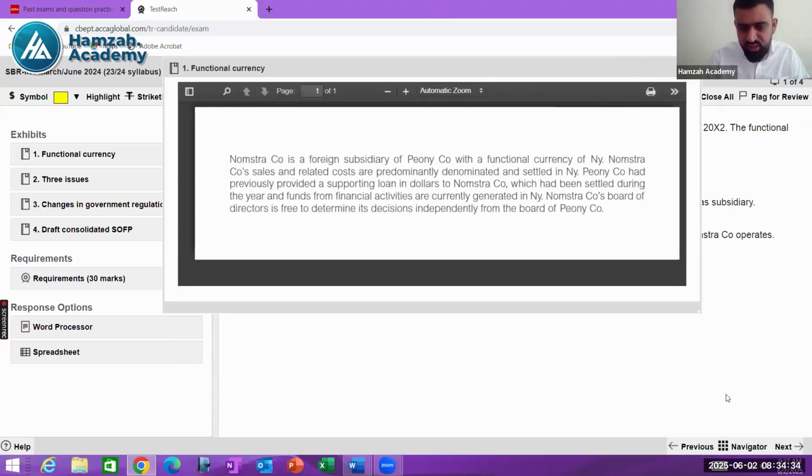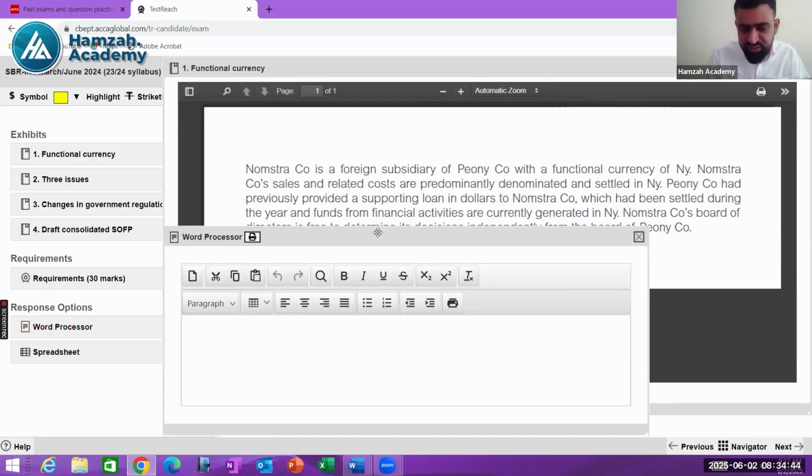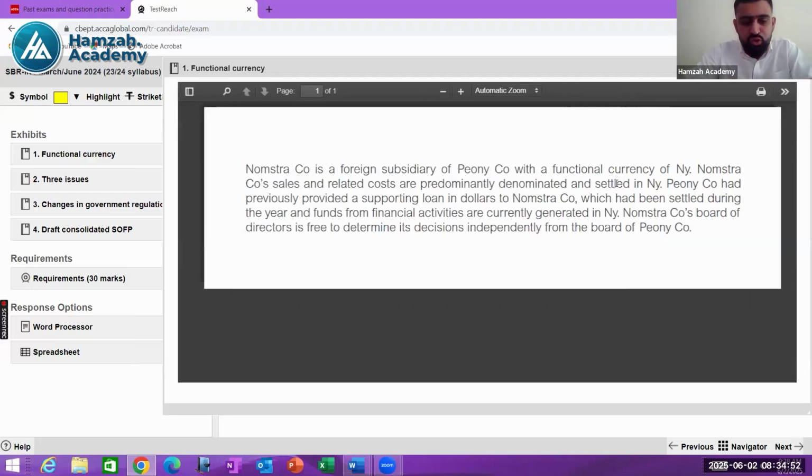So here we have exhibit number 1. Now, as you just need to explain and discuss in this question, you would be using the word processor to answer this requirement. Exhibit number 1: Nomestra company is a foreign subsidiary of the PEONY company with a functional currency of NY. Nomestra company's sales and related costs are predominantly determined and settled in NY.